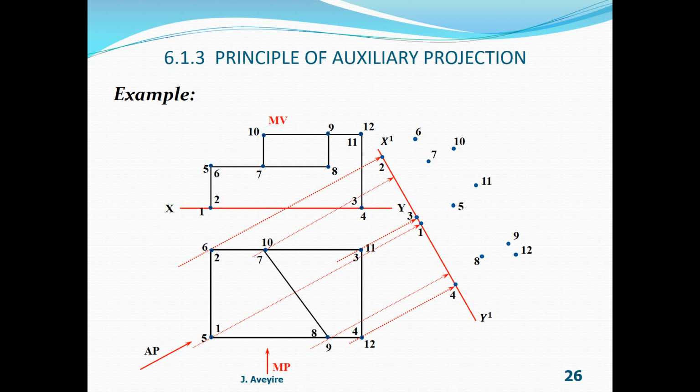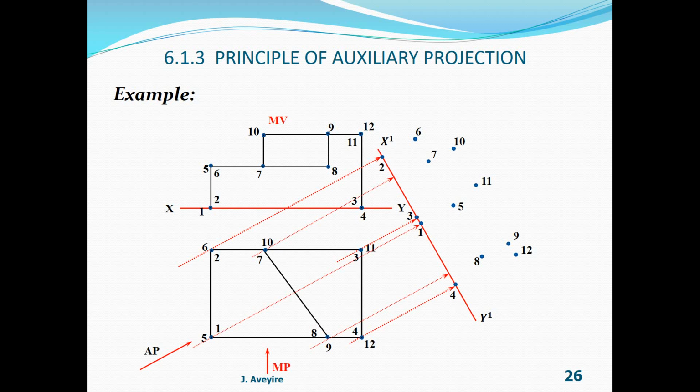Now we have our points identified, but to get our object, we need to draw the edges. And so far as drawing of edges is concerned, visible edges are of paramount importance, and they are the first edges that are supposed to be drawn. And the visibility is related to the projector.